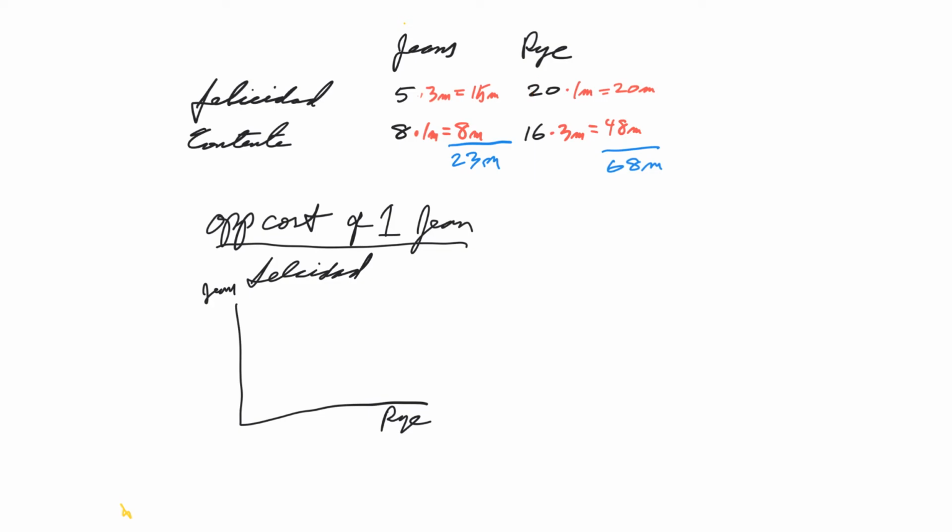Okay, so let's plug in those points. Five jeans or 20 rye, right? Those are the two. That's what they can do. If they put everything into jeans, they can produce 5. Everything in rye, they can produce 20.